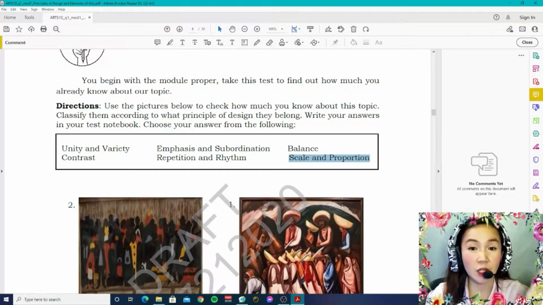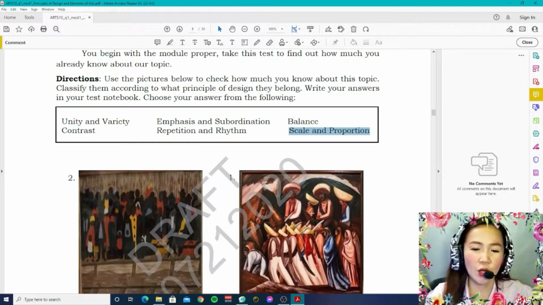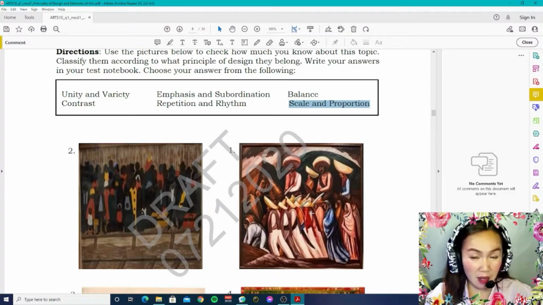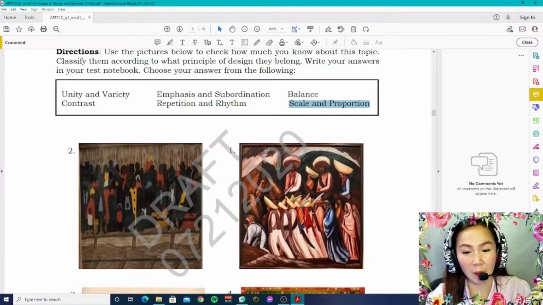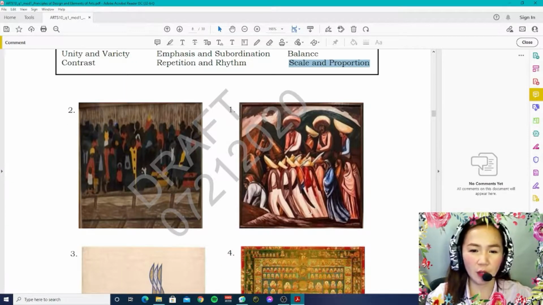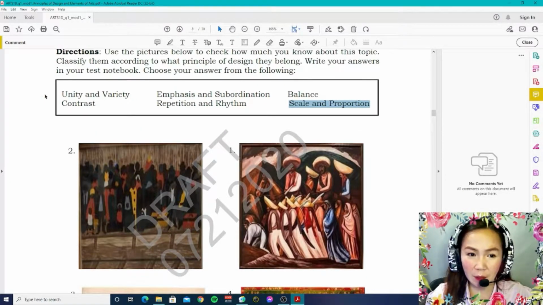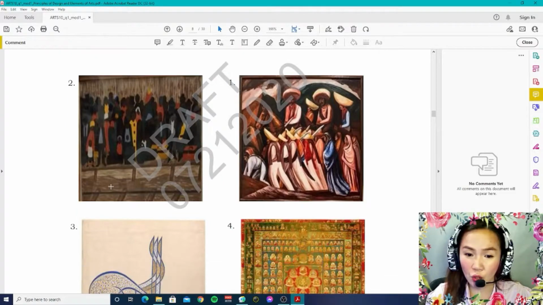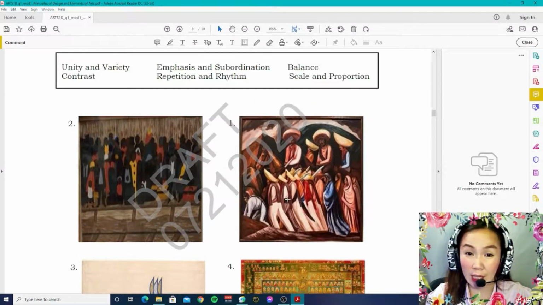They are the principles of design. Na ngayon, subukan natin kung may alam ka na ba dun sa mga principles na yun. Okay. So, ang gagawin natin, mamimili tayo dito sa 6 na ito at ilalagay mo dito sa ilalim nitong mga pictures kung ano ang meron sa kanila.